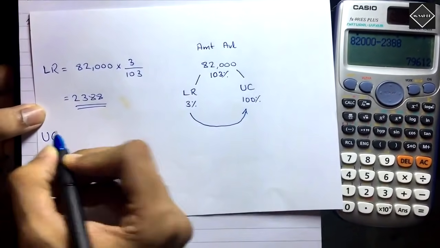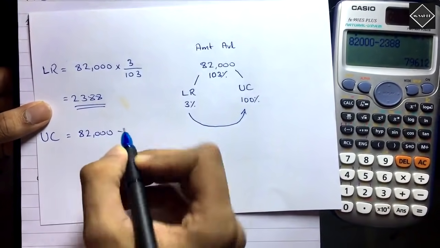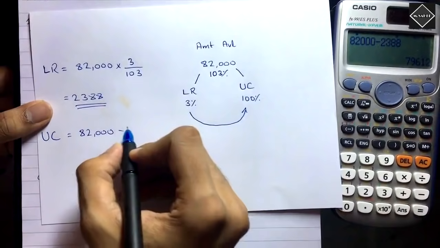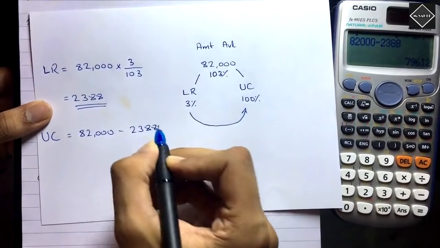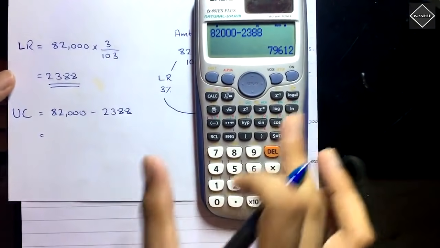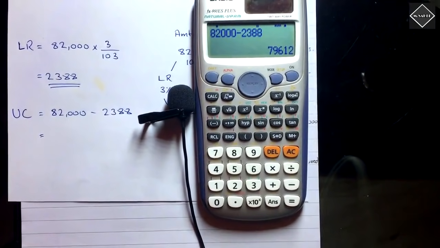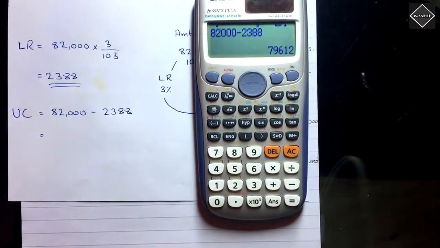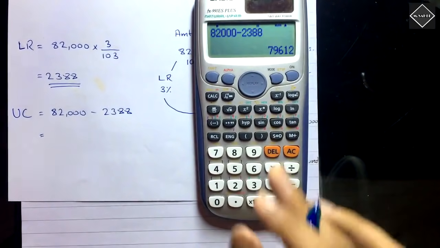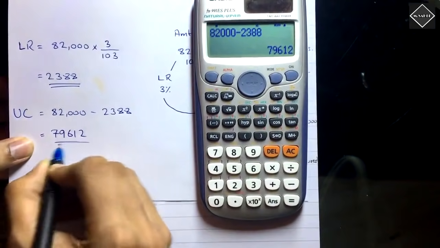Simple: the amount available minus the LR, 2388, is equal to 79,612. We just calculated that, right? So 79,612 will be the unsecured creditor payment.